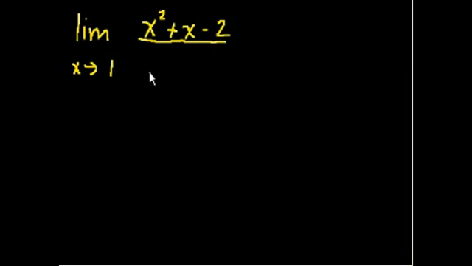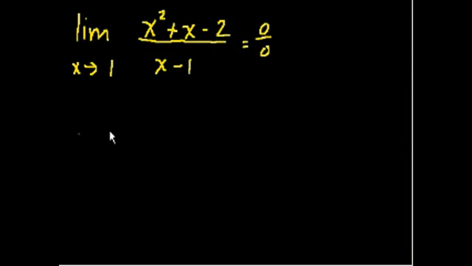As you can see, I do all of this in my head, and I'm prone to mistakes. Well, once again, if we just evaluate it, let's see what happens when x equals 1. You get 1 squared plus 1, so it's 2, minus 2. You get 0 over 0.